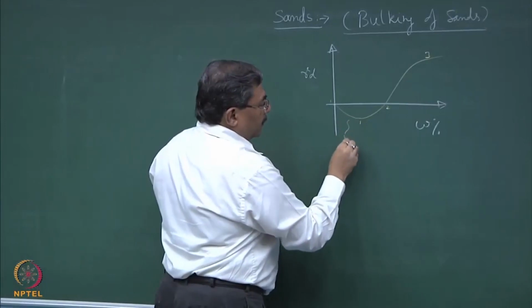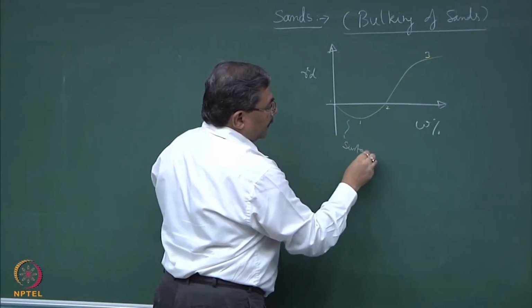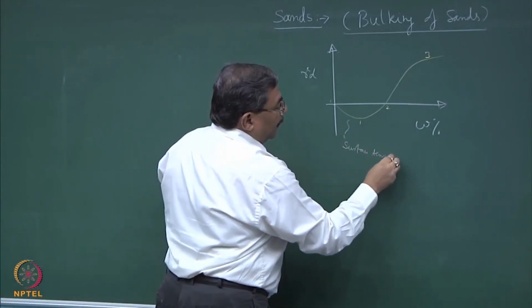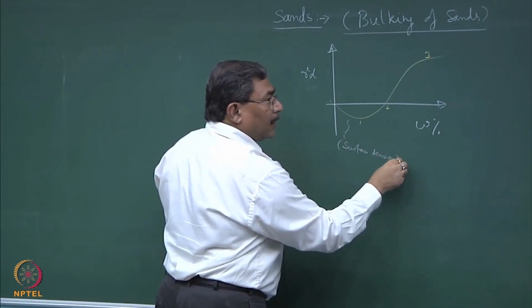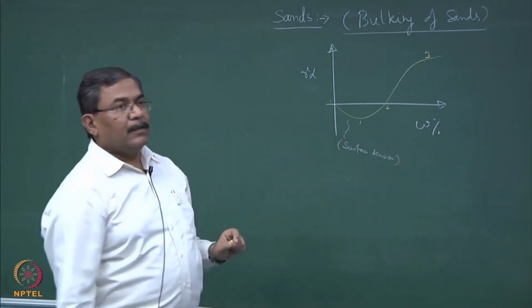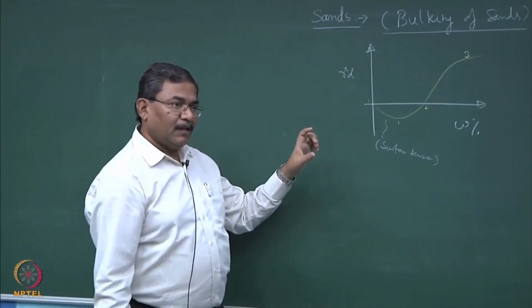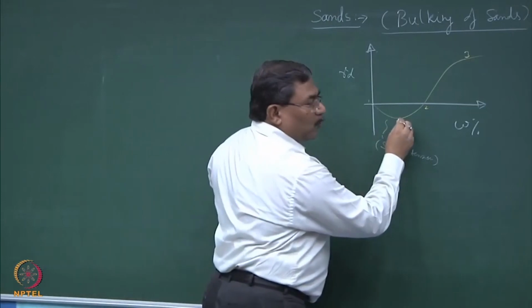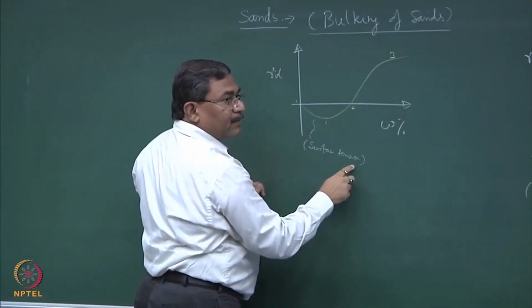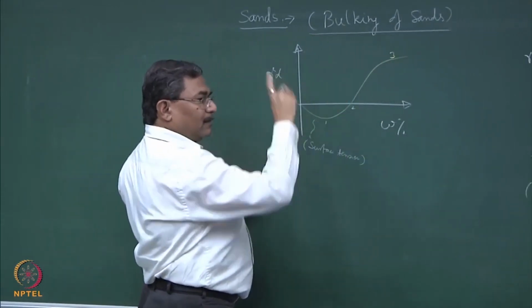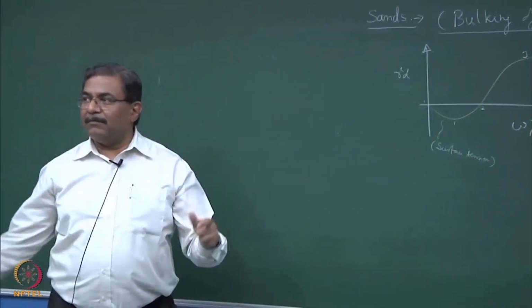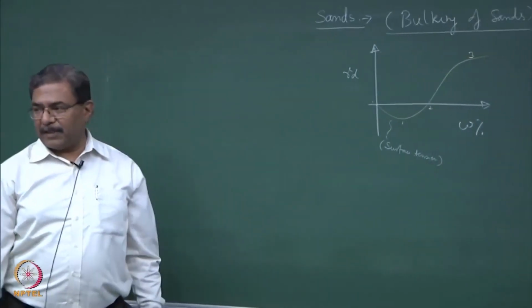So, this is the process in which the surface tension is resisting the compression of the particles. You keep on adding more and more moisture, surface tension gets dissoluted. That is a wrong word, dissoluted, but what I am trying to indicate is it disappears.